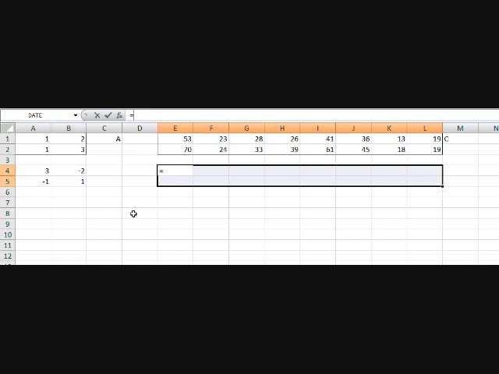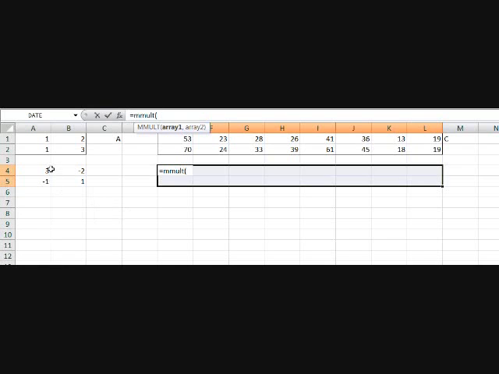So we say that's equal, and to carry out a multiplication in Excel between two matrices, it's MMULT, M multiply, and you open parentheses and you define which arrays you're going to multiply.